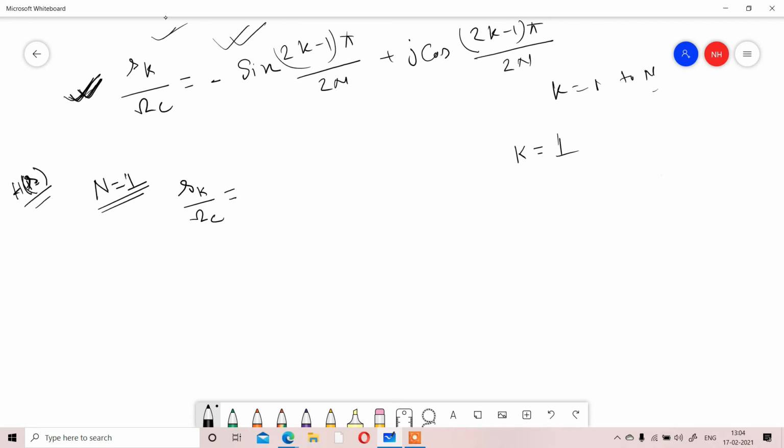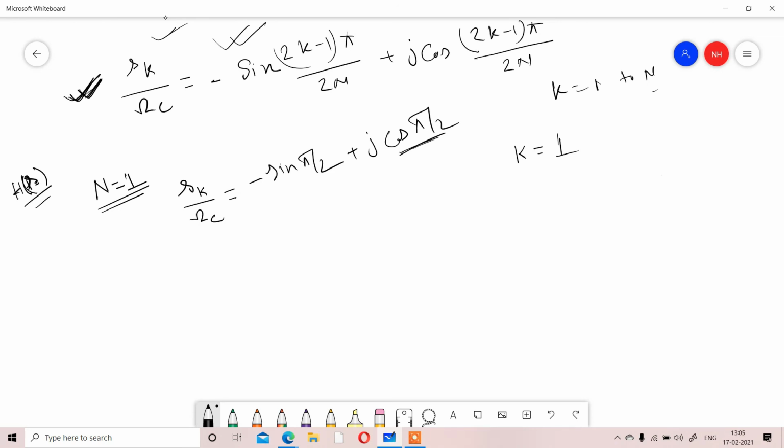So minus sine pi by 2 plus j cos pi by 2.